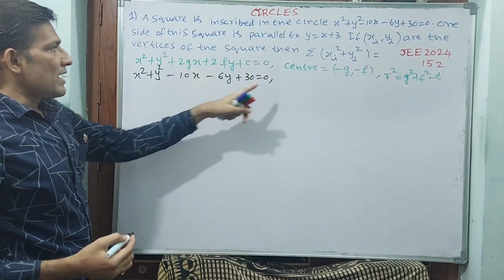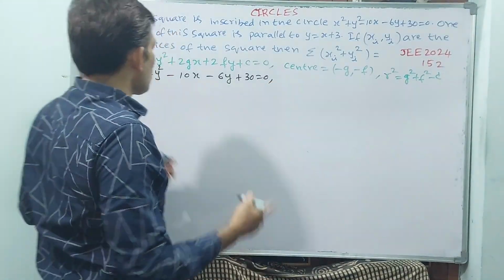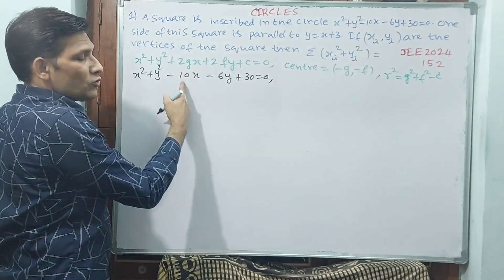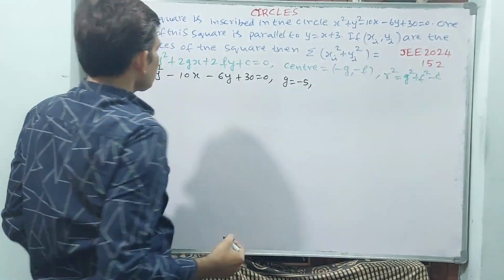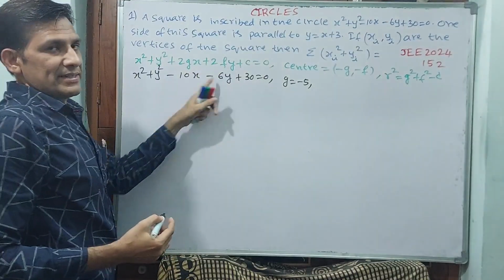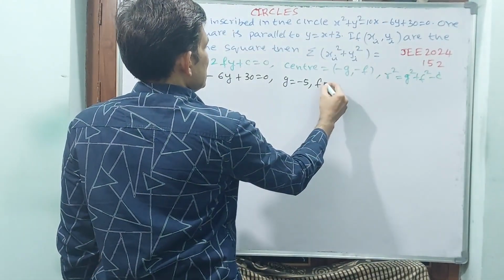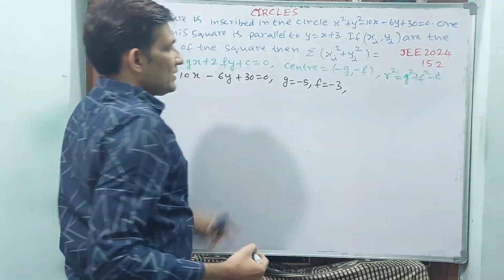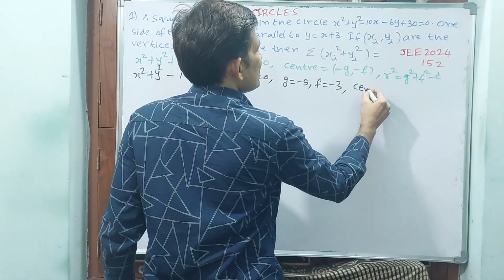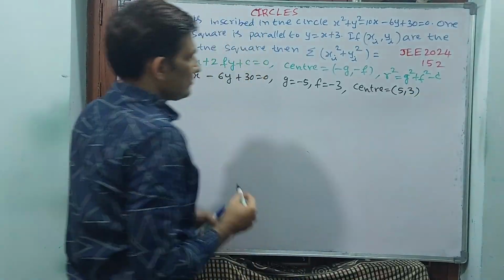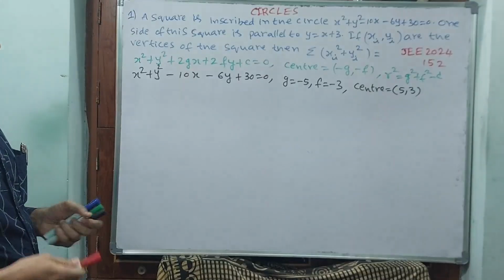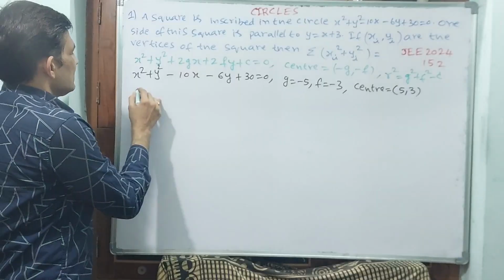Now for the center I have to write g and f. 2g is equal to minus 10, g is equal to minus 5. 2f is equal to minus 6, f is equal to minus 3. Then what is the center? Center is equal to (5, 3). Understand? Okay, then what is the radius?